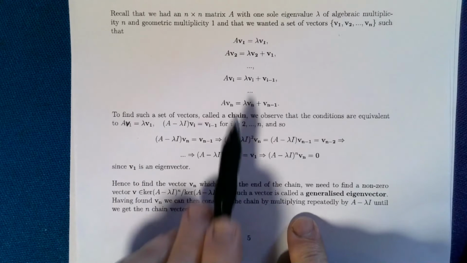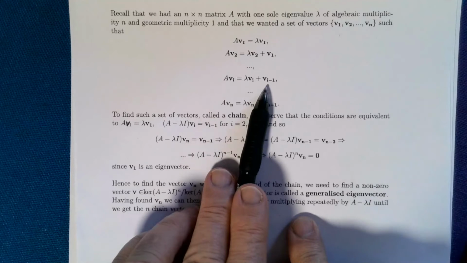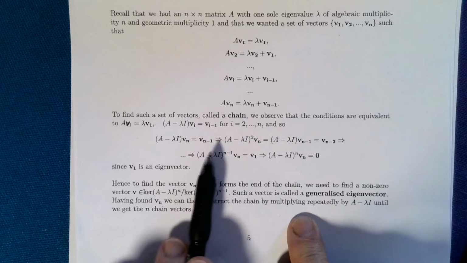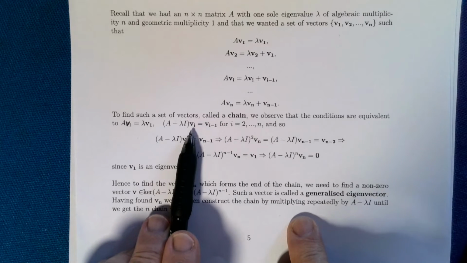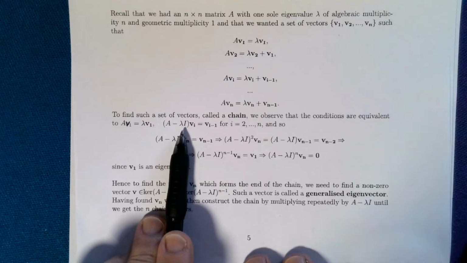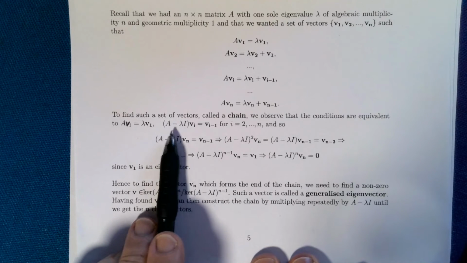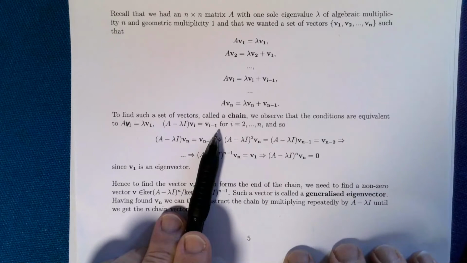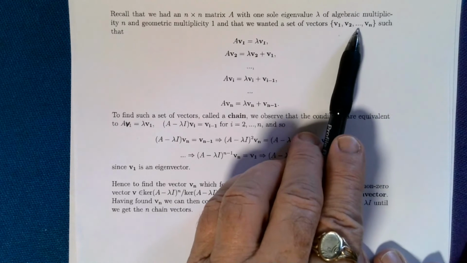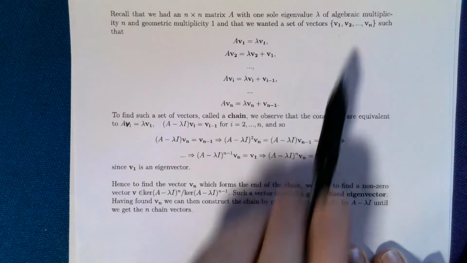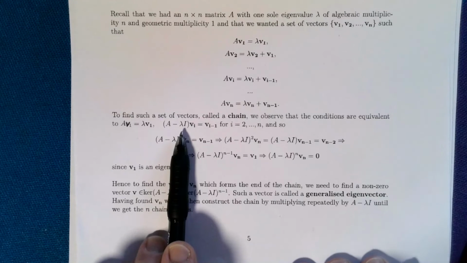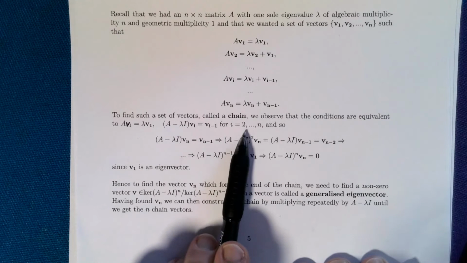And if we look at this general case, we can take this term to the other side, factor out the vi, putting in an identity matrix to make sense of it, and then A minus lambda I times vi is vi minus 1. That is, we can get from any of these vectors in the set to the one before it by multiplying by A minus lambda I. And this is true for i equals 2 up to n.